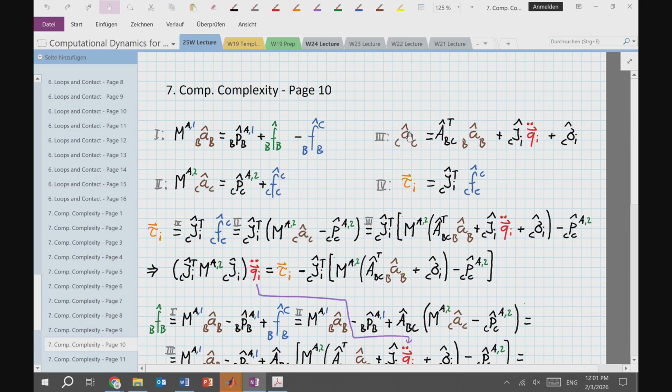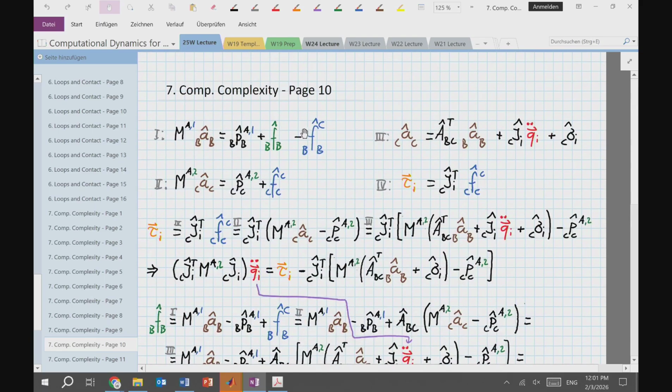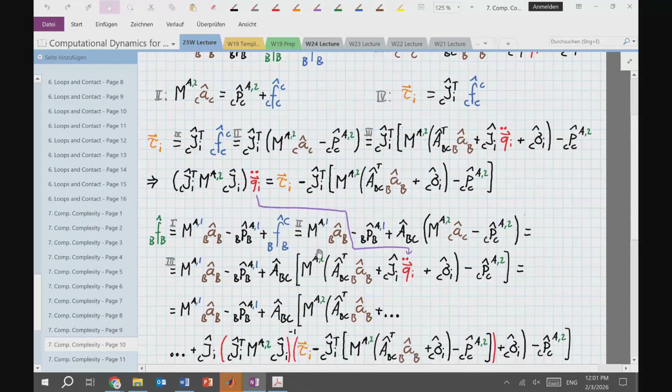I can get the brown quantity from here. And then I just substitute my Q double dot. So FBB from the first equation is given as that. FBB, FBB constraint, this blue quantity. I get this from the second equation, which I write down here.